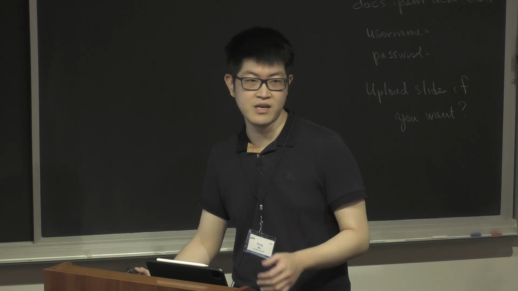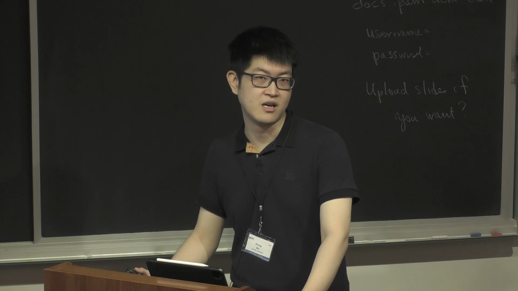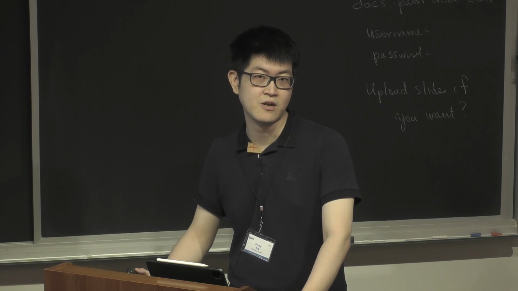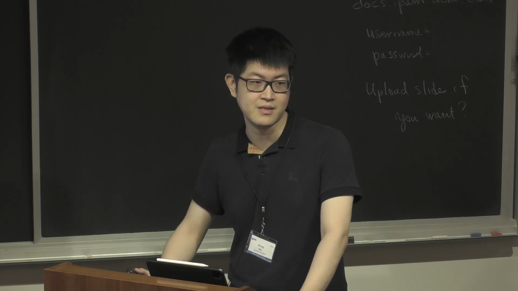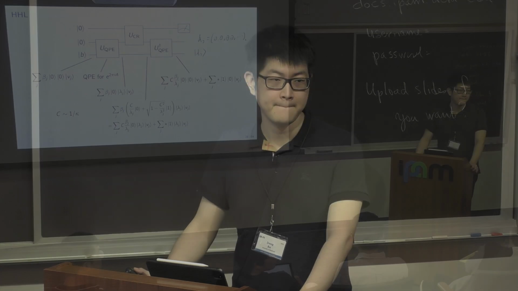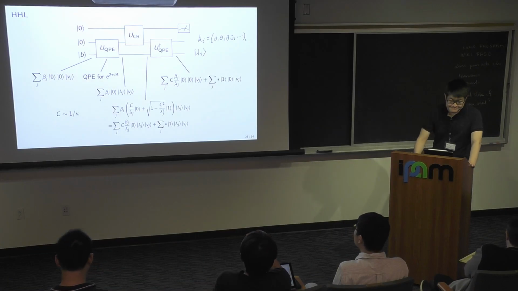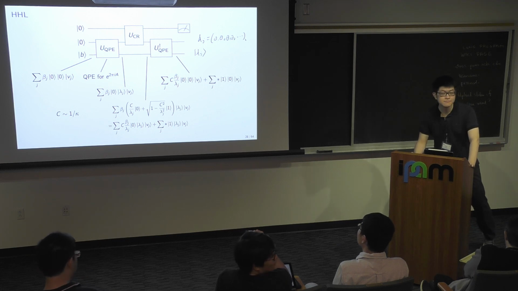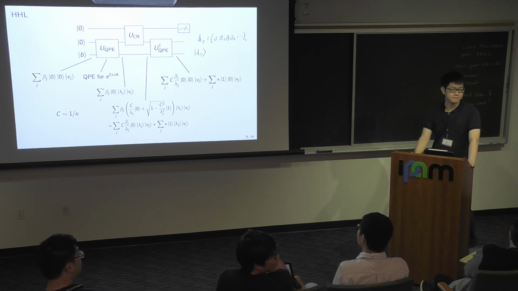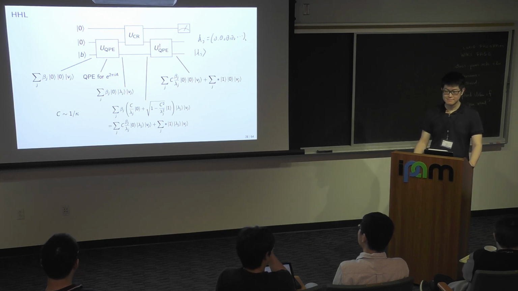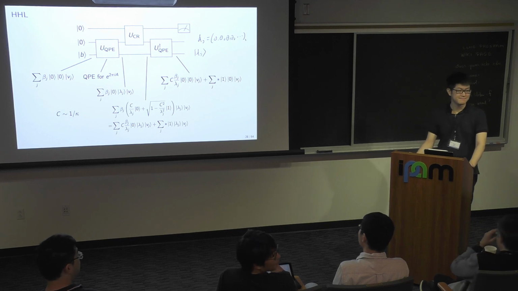But if you consider the iterative method, the convergence rate will still depend on the condition number. So you're absolutely correct to observe that the success probability depends on kappa, and therefore you need a very large number of iterations if kappa is large. That's precisely the reason why HHL does not achieve the optimal scaling.